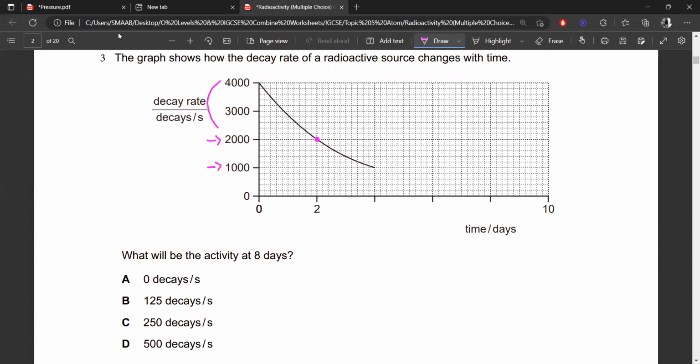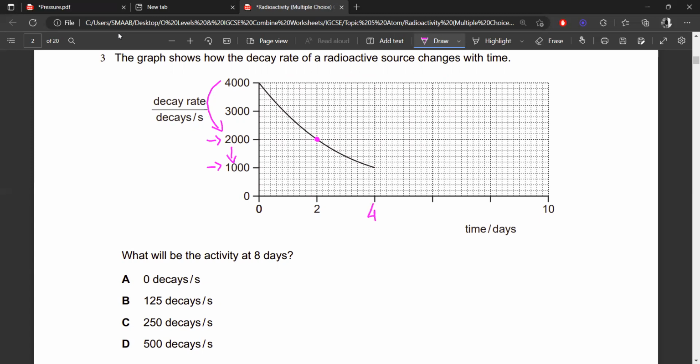So 4000 will be reduced to half. Then this 2000 will reduce to half. Then what will be the next activity? 500. So where will be the 500? Okay, if we are not marking on the graph, we can do it by writing it. We have to find the activity after 8 days.